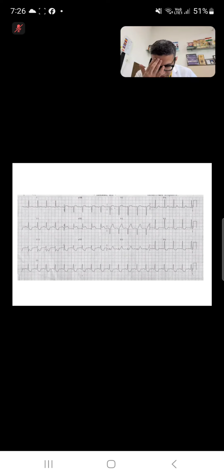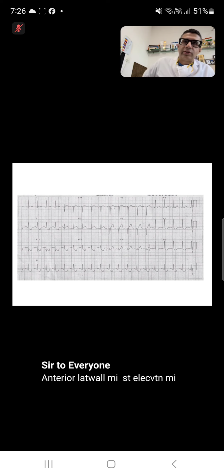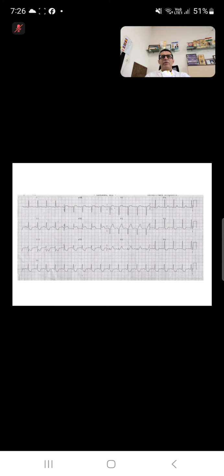That is important. Now, see, previously the reason why we put this ECG is for you to understand the change in concept from what it was before to now. Previously, it used to be called Q wave MI, non-Q wave MI, but Q waves take a long time to develop. Now the ECG today is your diagnostic tool to tell what you are going to do with the patient.